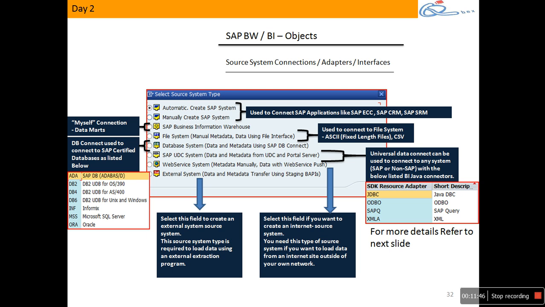Performance wise, this is a lot better. But there are a lot of databases in the world, and it doesn't mean you can connect anything. Only SAP certified databases can be connected with DB Connect. Certified databases could be Oracle, Informix, MS SQL Server, DB2, DB4, DB6, ADABAS. Now we also have HANA in it, and all these have been included.